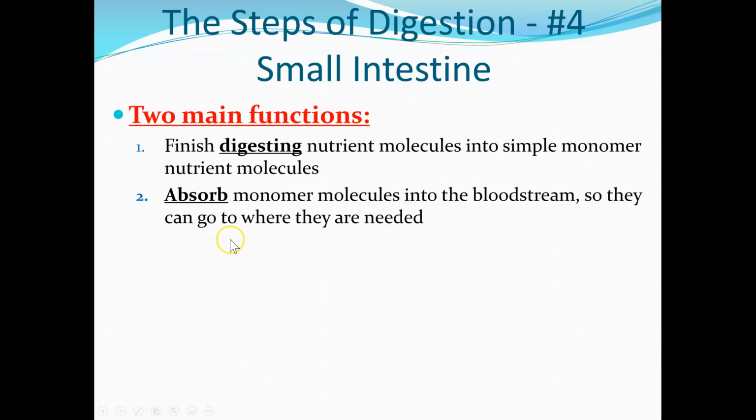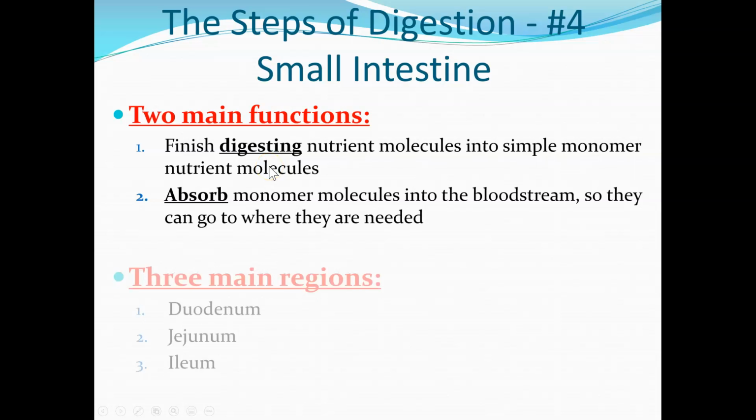And then absorption takes place. When they're small enough, they will enter into the bloodstream, so they can go wherever they're needed. If proteins or carbohydrates are needed, for example glucose or amino acids, they will go wherever they're needed once they enter the bloodstream.